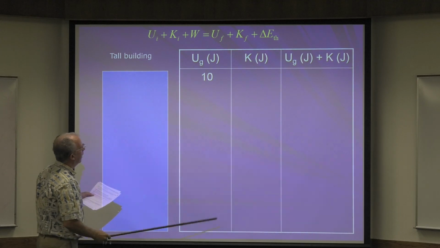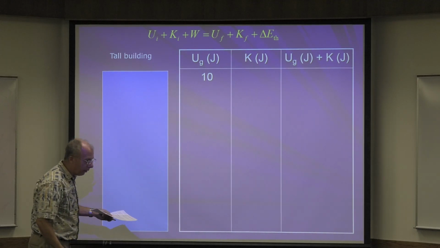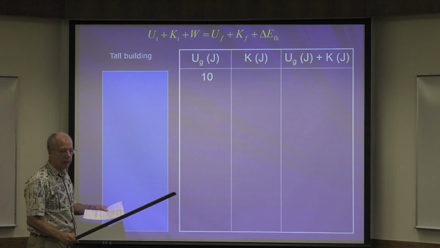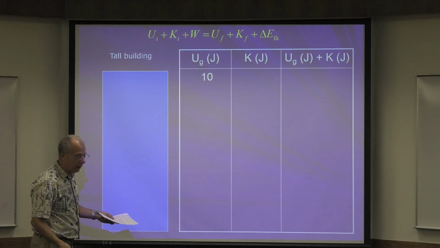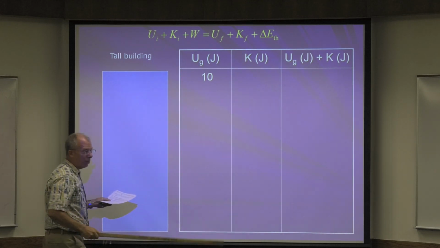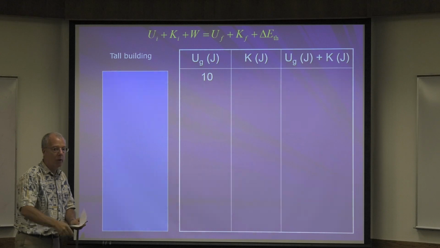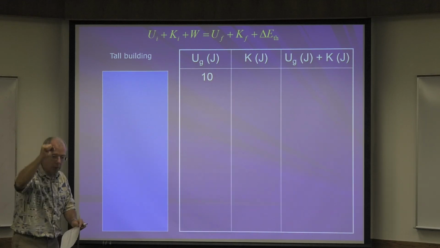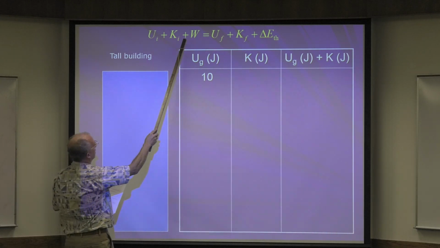We're including the Earth, and so the gravitational force is not an external force, because it's included in our system. So that means that the work is 0 as well. When you drop something, if the Earth is in the system, there's no external force pulling it down. So this is 0.